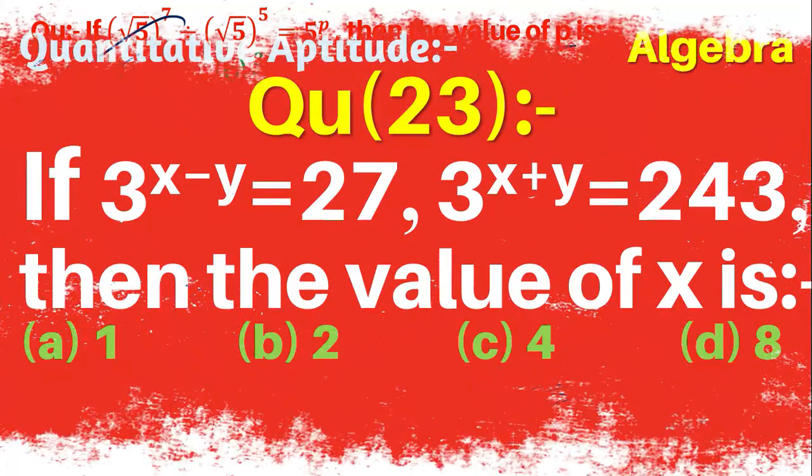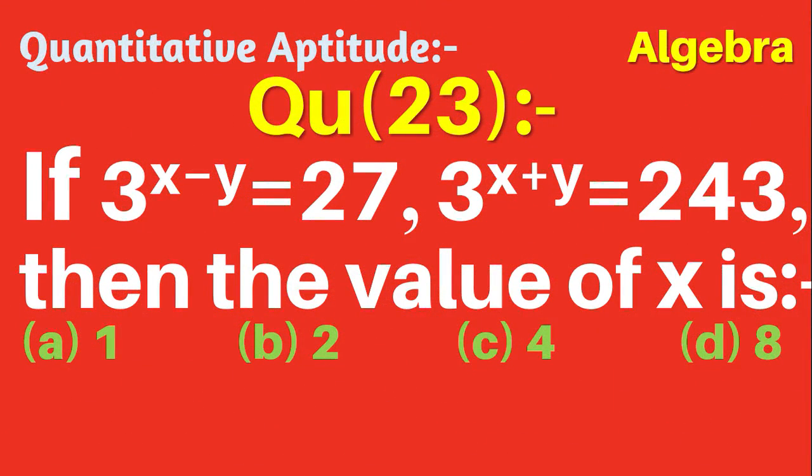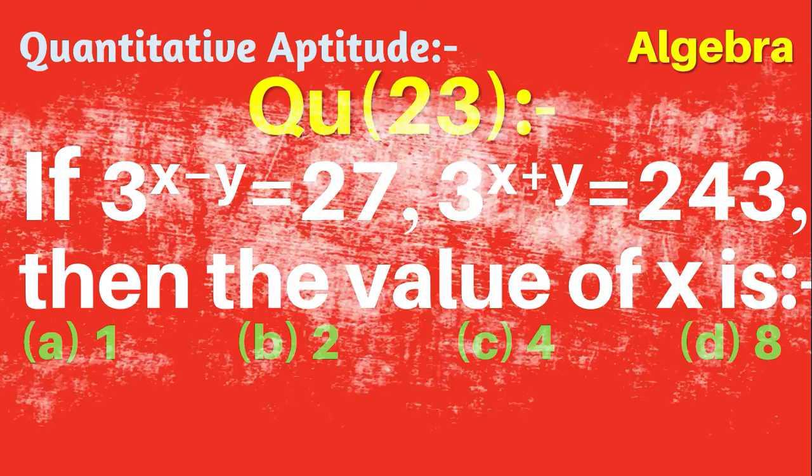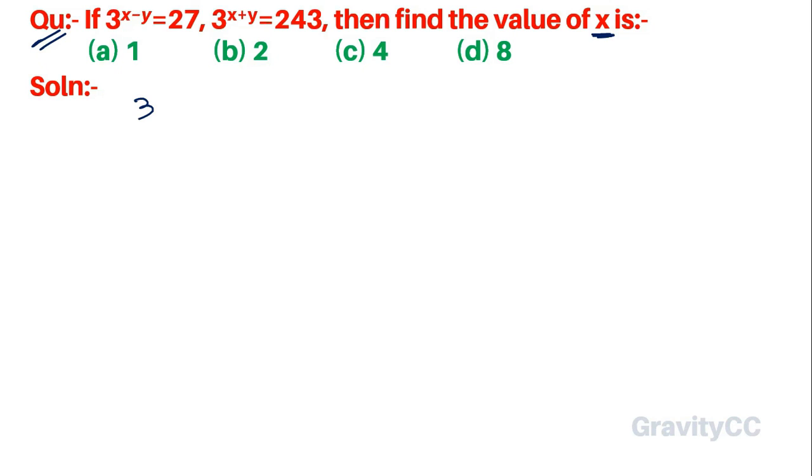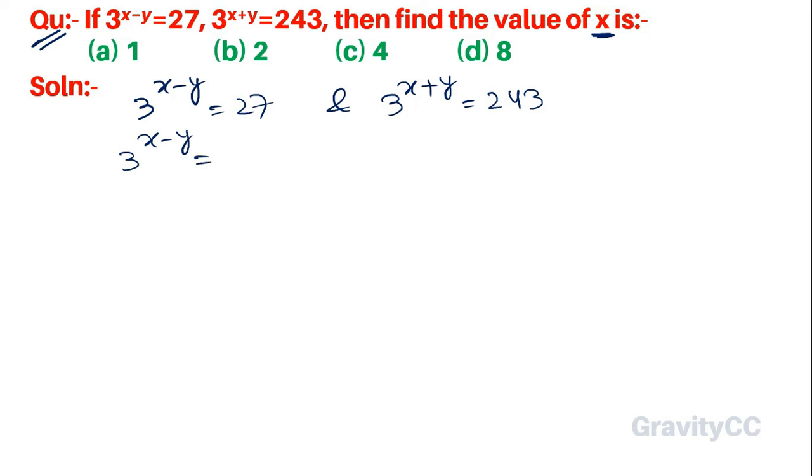If 3 to the power x minus y equals 27 and 3 to the power x plus y equals 243, then find the value of x. In this question we have to find the value of x, and given is 3 to the power x minus y is equal to 27 and 3 to the power x plus y is equal to 243. 27 is 3 to the power 3, so x minus y is equal to 3.